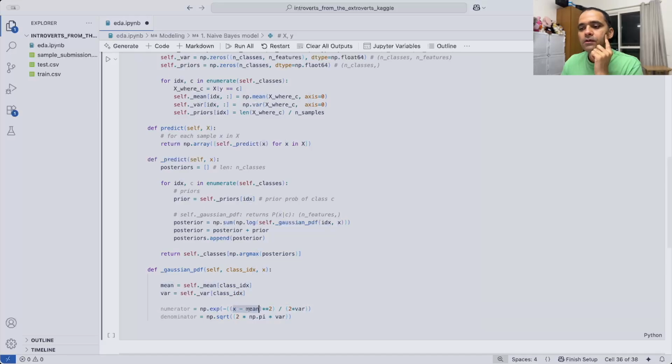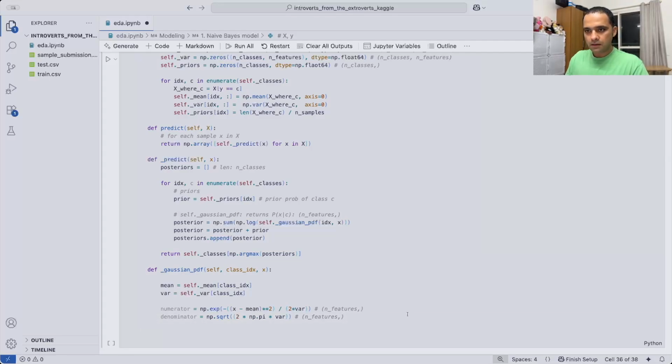So they will do element-wise subtraction, square each number, and then divide by 2 into the variance of each particular feature. And so this will give you a vector of size number of features, and the denominator will also give you a vector of size number of features.